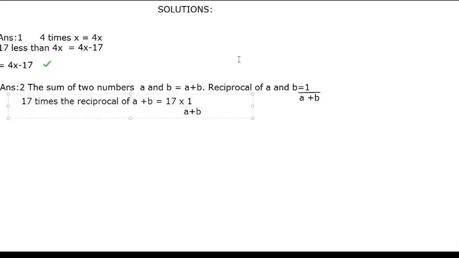It doesn't work sometimes. Okay, A plus B. So what is it equal to? 17 into 1 is equal to 17 upon A plus B. This should be your final answer.